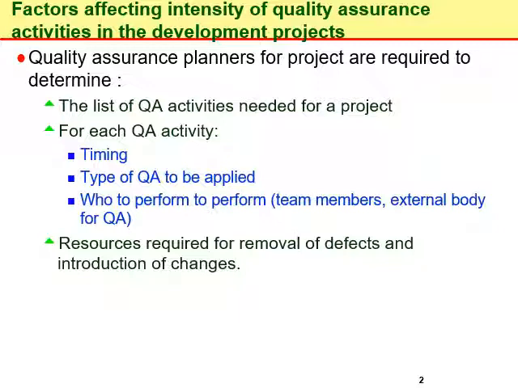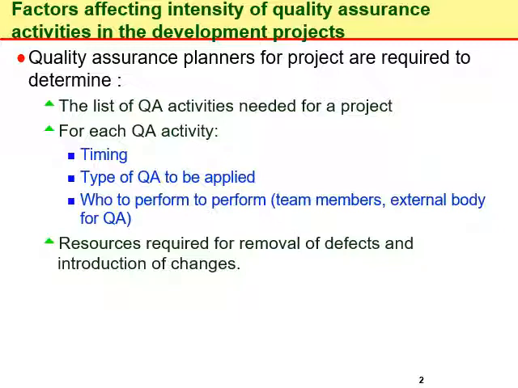Similarly, it is also important to decide, for each activity, what would be the timing? That is, at what time a particular quality assurance activity would be performed. Similarly, the type of quality assurance activity to be applied is to be decided.